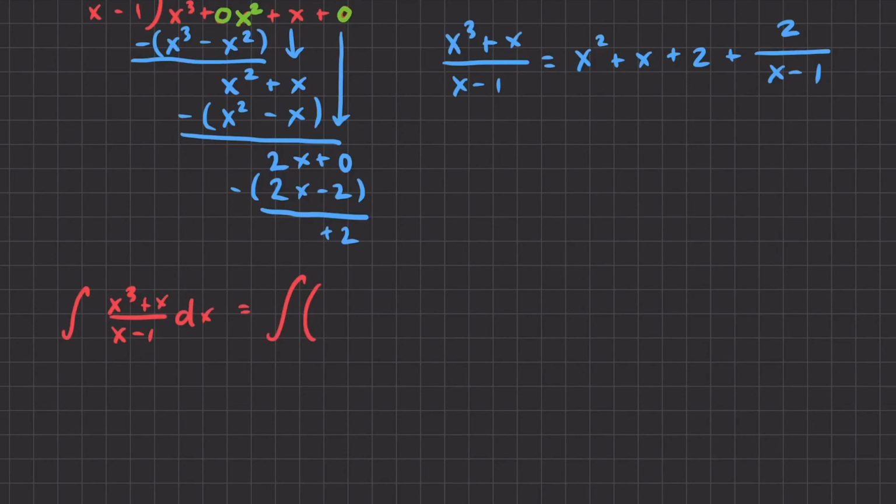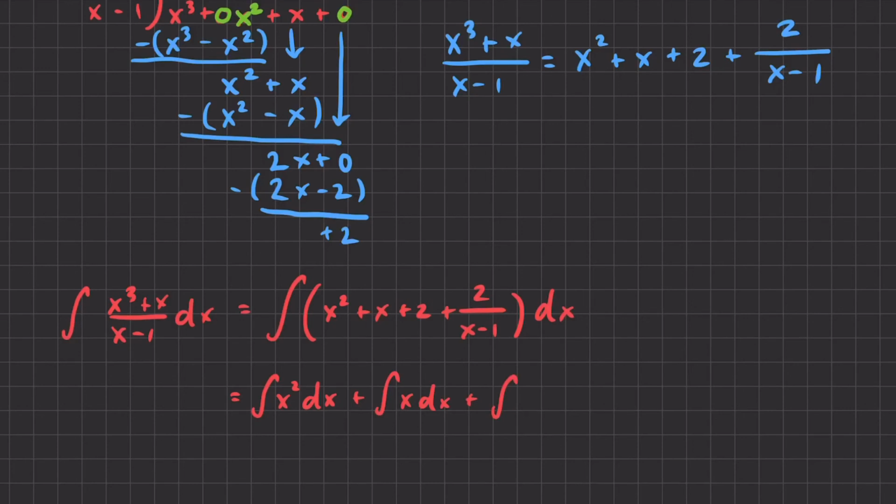integral of, and I now have to open some brackets here, I've got x squared plus x plus 2 over x minus 1 dx. And I'll split this up into smaller integrals. I'm going to get the integral of x squared dx plus the integral of x dx plus the integral of 2 dx plus the integral of 2 over x minus 1 dx.